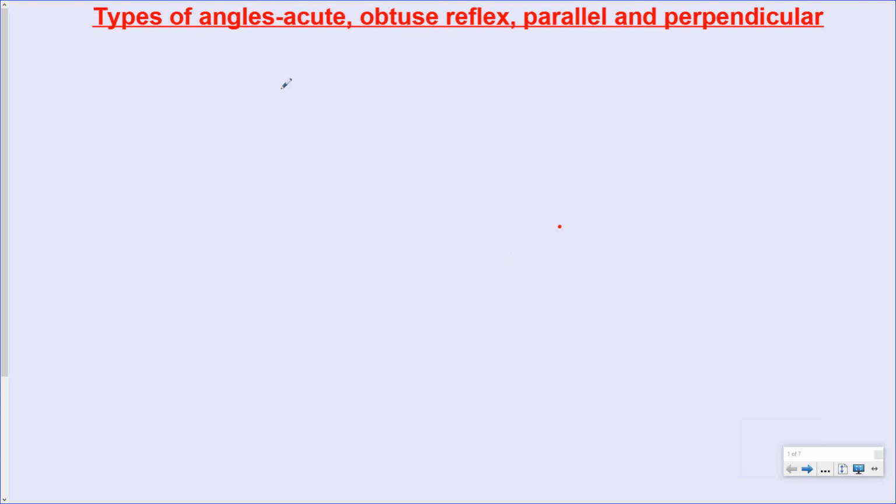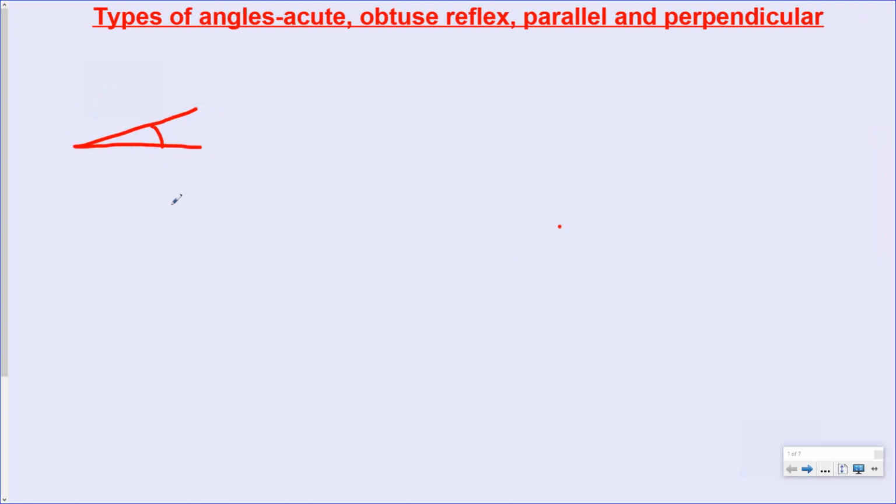Okay, right. So the first thing, if we've got an angle, say we've got a line like this, and then we turn this line so we get an angle up to this point, then the angle between these two would be considered to be acute.